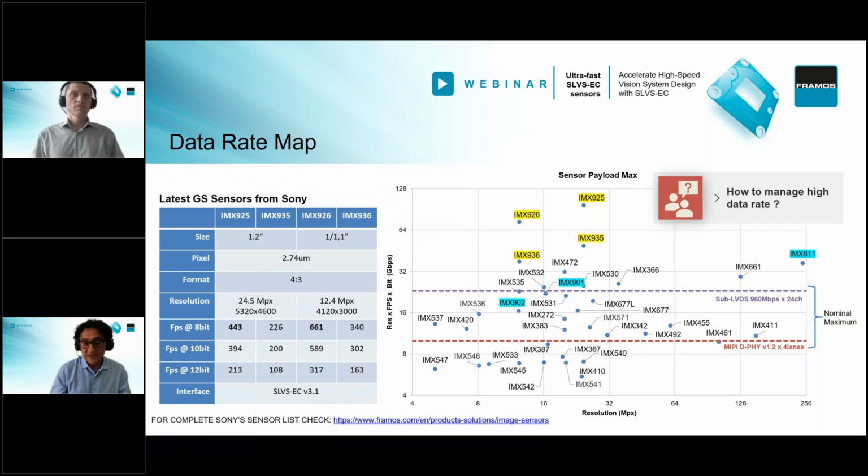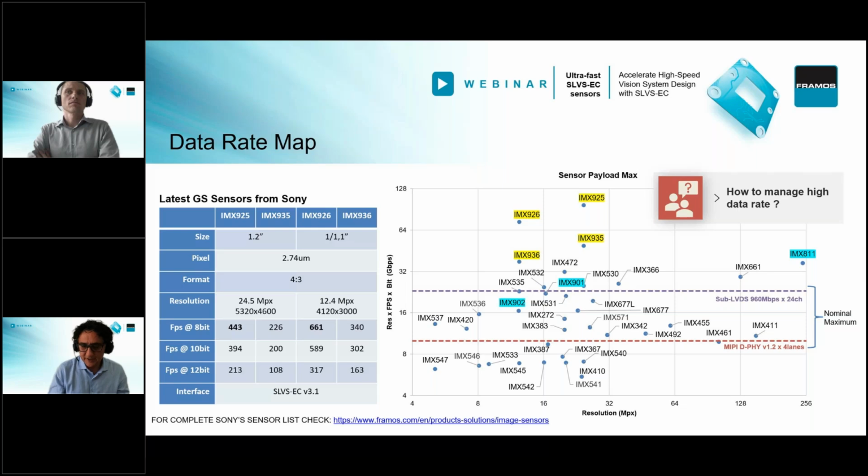And you see on the chart on the right also some comparison. So first, what the plot tells you here. It's the resolution, to give you some reference of how big these sensors are. And on the y-axis, you see the payload. So what is the amount of data that the sensor needs to transmit to the receiving host?